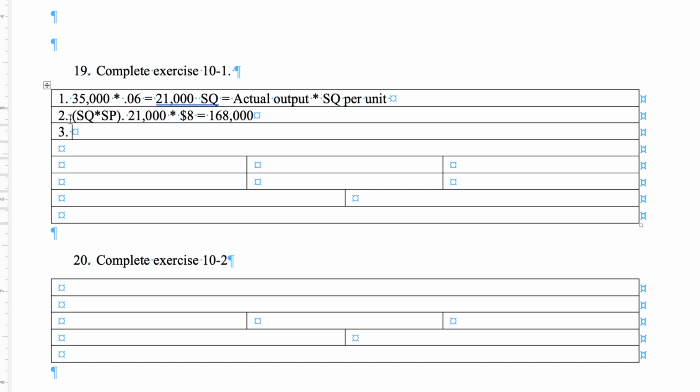The material spending variance, which I'll abbreviate as MSV, equals the materials price variance plus the materials quantity variance.